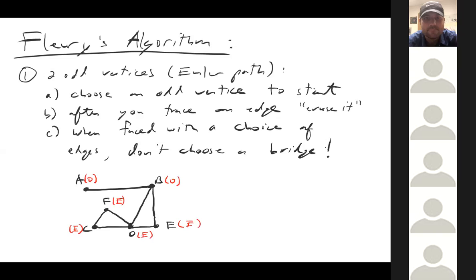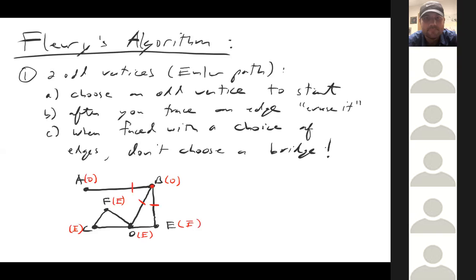Well, I know I've got to start at an odd vertex, so I'm going to choose to start at B. And I've got to end at A because you've got to end at the other odd vertex. So if I take a look, I've got a choice now, right? I could choose this, this, or this, correct?